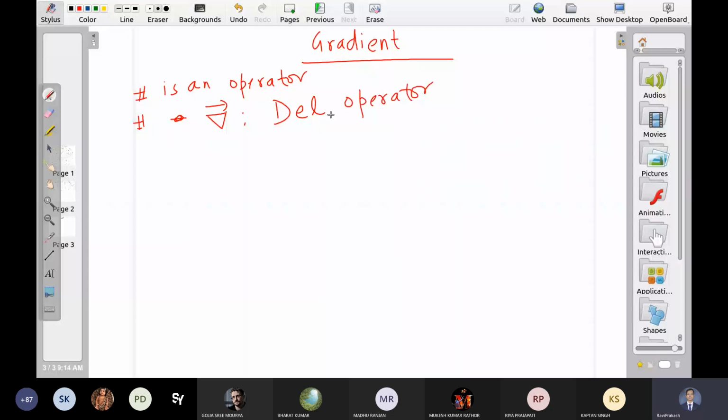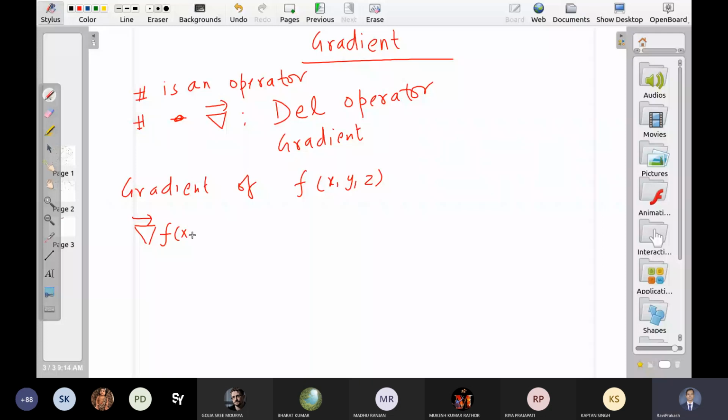So how do we define gradient? If it is an operator, obviously it has to operate on something. So when we say gradient of, let us say, function f, which is a function of all three variables, then it is written like this. And what is the meaning of this whole thing now?